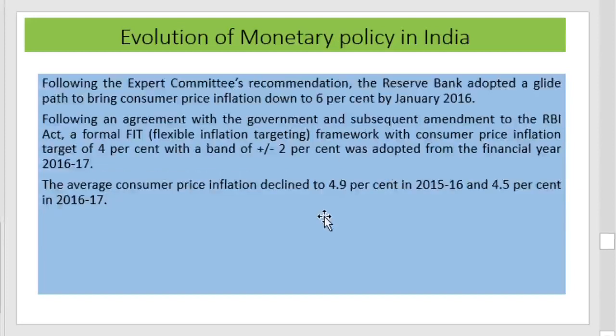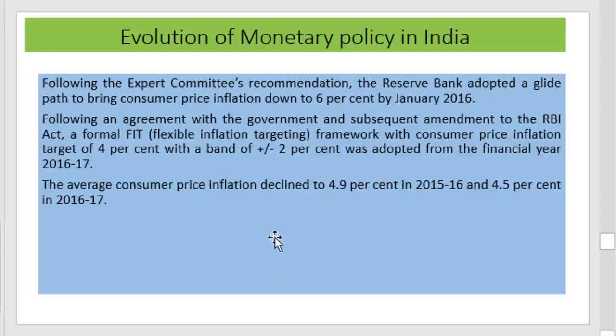Following the expert committee's recommendation, the Reserve Bank of India adopted a glide path to bring consumer price inflation down to 6% by January 2016. Following an agreement with the government and a subsequent amendment to the RBI Act, a flexible inflation targeting framework with a consumer price inflation target of 4% with a band of plus or minus 2% was adopted from the financial year 2016.